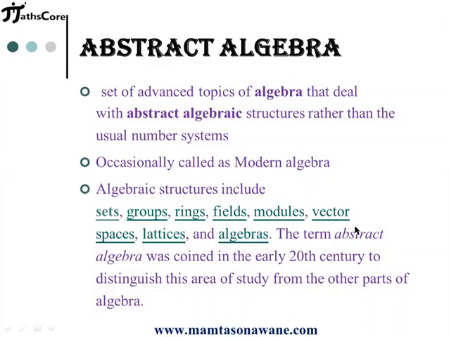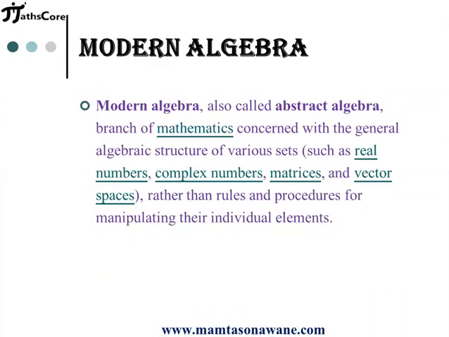The term abstract algebra was coined in the early 20th century to distinguish this area of study from the other parts of algebra. Next is modern algebra. As we know, abstract algebra is also known as modern algebra, and modern algebra is also called abstract algebra.